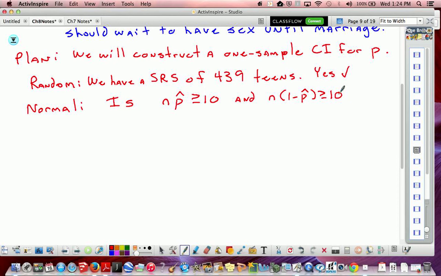Now, if you think about what these numbers represent, n times p is the number of successes. So basically, you can think about this number right here as how many people said yes, or our yeses. And this number here would be our no's.